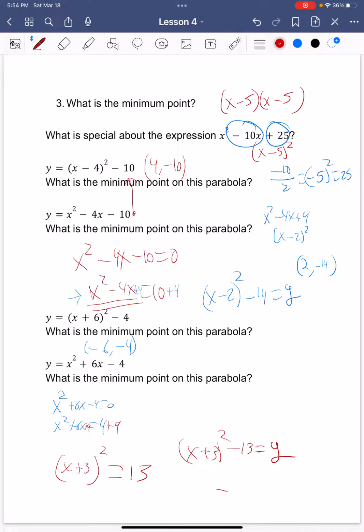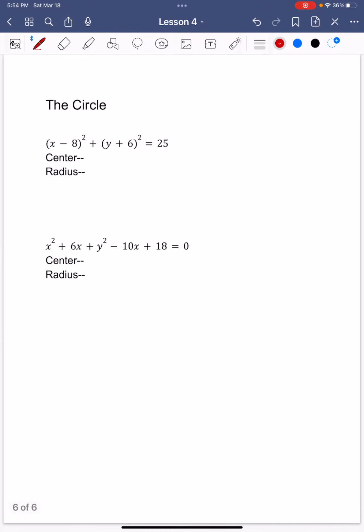The vertex here, it's pretty easy to see, is negative 3 comma negative 13. Now the circle. The center is the negative of this, so 8 comma negative 6. And the radius is the square root of this last term here, so 5.